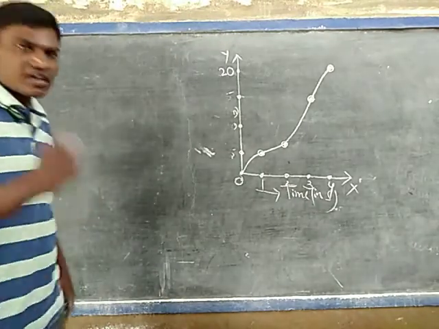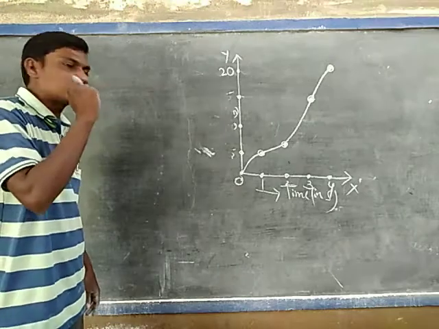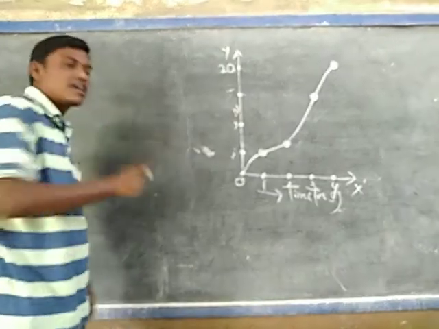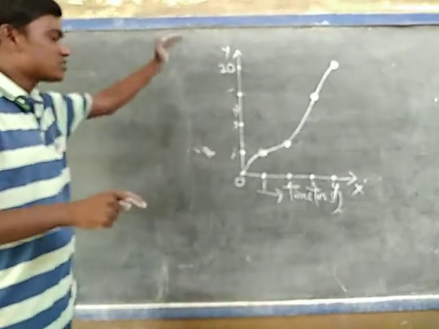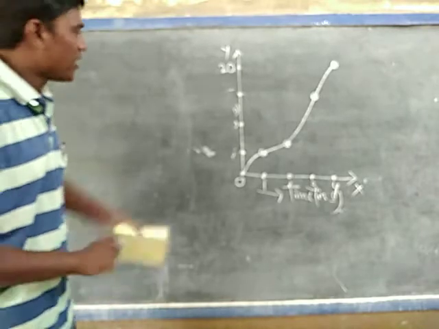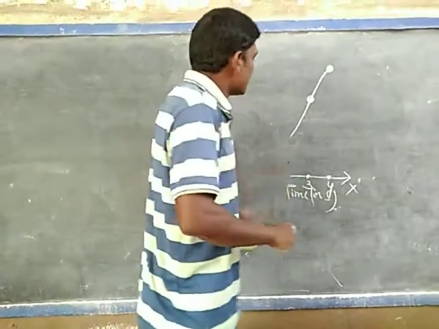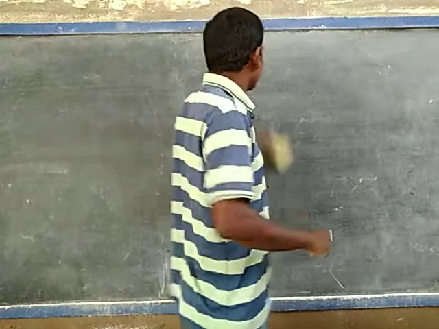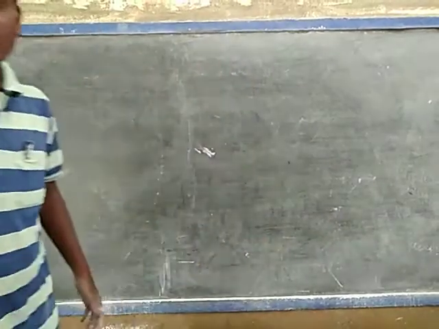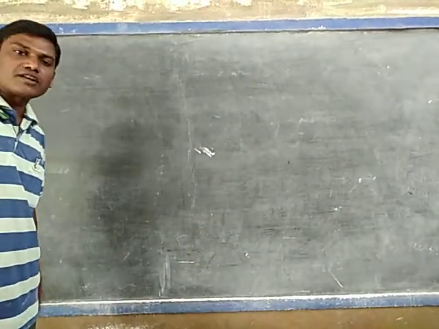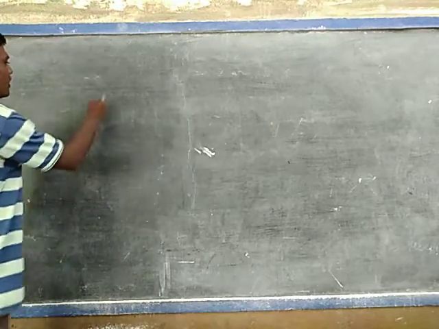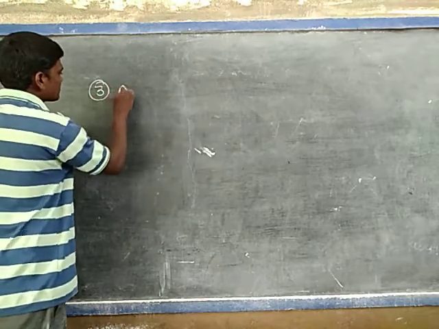If the distance versus time graph is a straight line, then you can say that the body is moving with uniform speed. If the distance versus time graph is curved, then we can say the body has non-uniform speed.